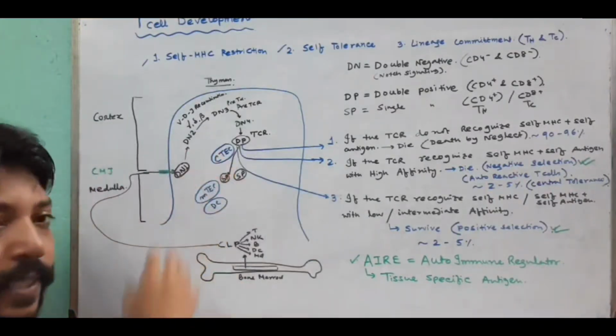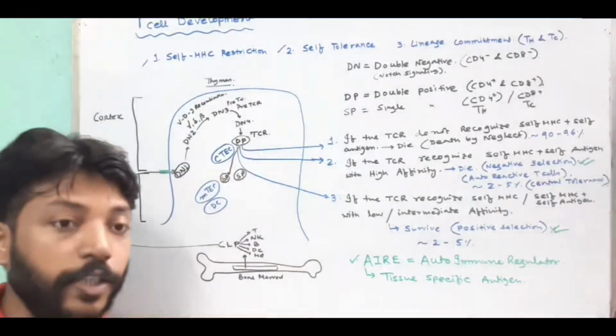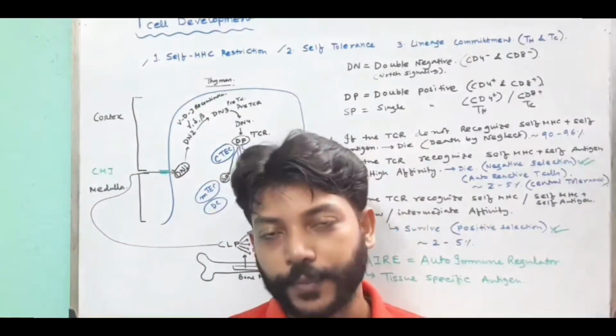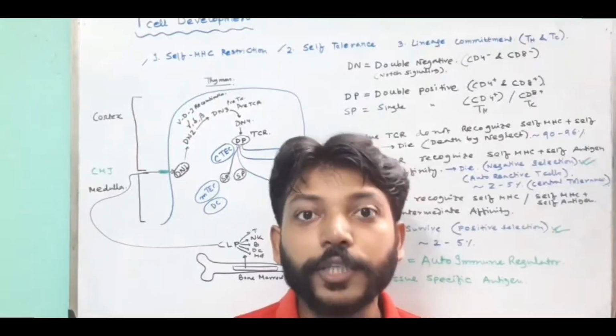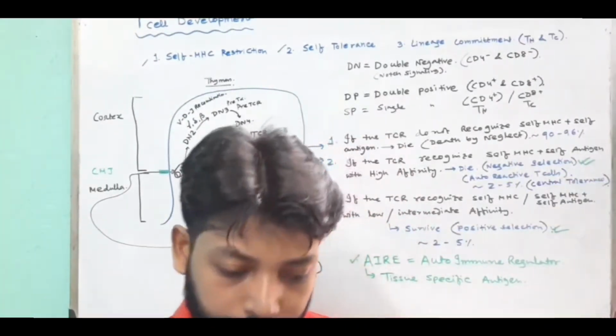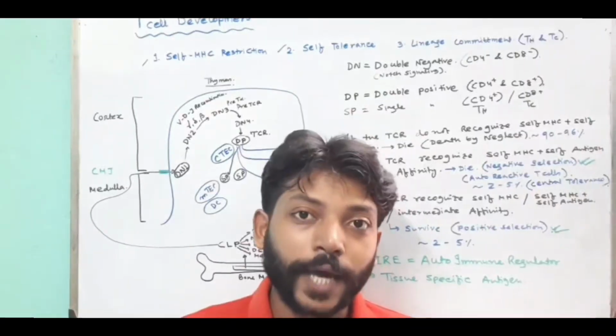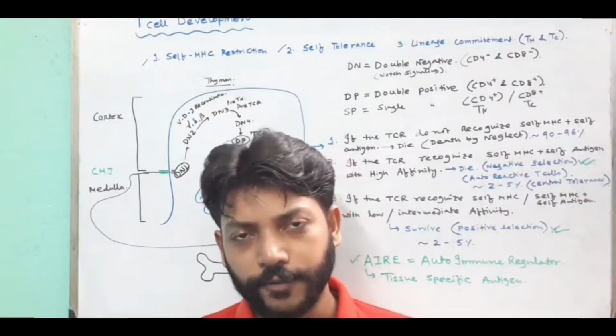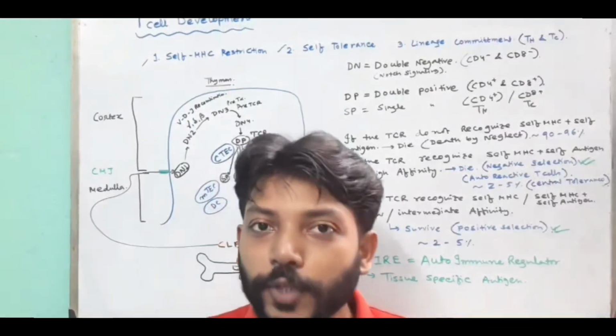At first the CTEC cell is expressing self-antigen that is ubiquitous. Ubiquitous means, like, the actin molecule is present in all our cells. This type of molecule is called ubiquitous, present in all our body cells. But tissues have some very unique proteins, like our liver cells, hepatocytes, have unique proteins.